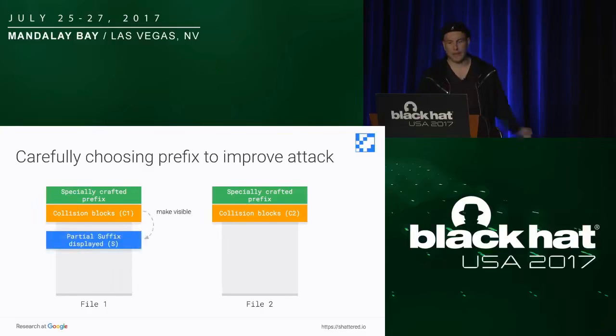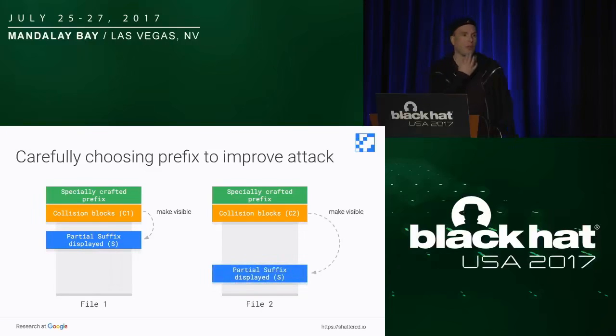In that case, the first collision will point to a part of the suffix, whereas the other block will point to another part, and as a result, you will display things which are different while having the same SHA-1. The files are only different at the collision blocks, but they are displaying different things, so you can trick people, let's say with a lease contract, two different terms and so forth. That's the basic idea of why spending a lot of time on finding the right prefixes was very important.